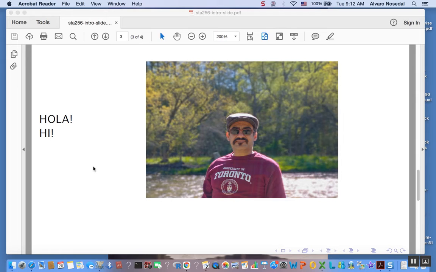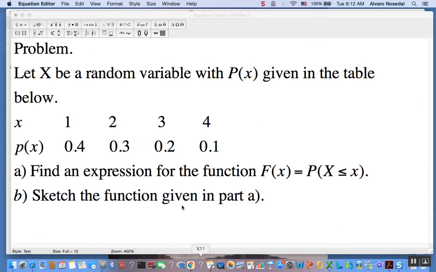Then, from that example, we will motivate the definition and properties of CDF and PDF for continuous random variables. Let me show you our example, our particular problem.